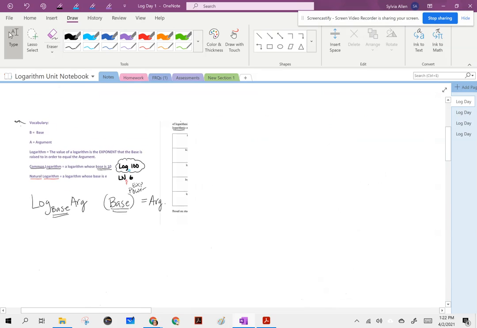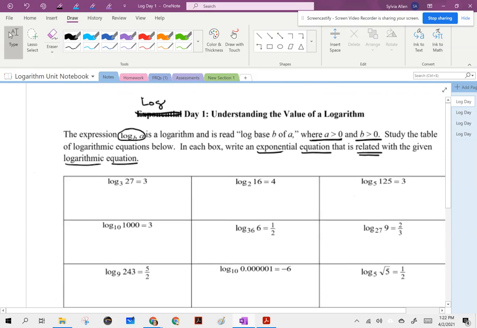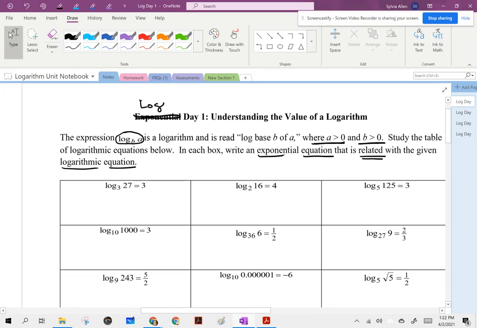All right, so what we're going to do now is take these and rewrite them in exponential form. So we have log base 3 of 27 equals 3. So what that means is our base is 3. We're raising it to a power of 3, and then that is going to equal 27.